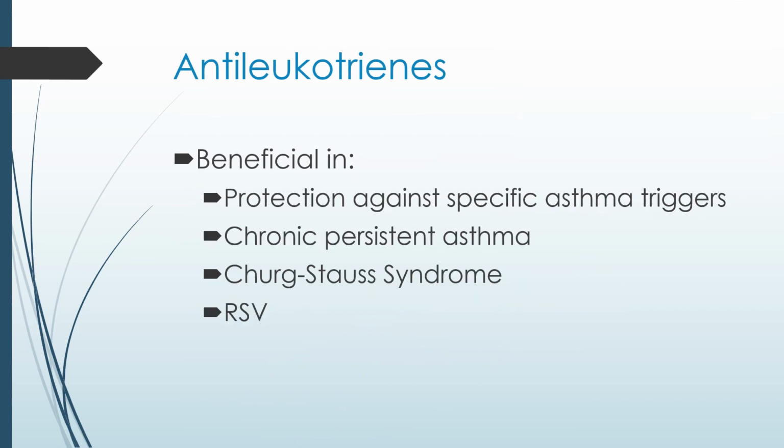So when are these beneficial, right? Anti-leukotrienes are good at controlling asthma. Once again, not an asthma exacerbation drug, but a controlling drug. So if someone shows up to the ER in a severe exacerbation, this is not the medication category for them, right?